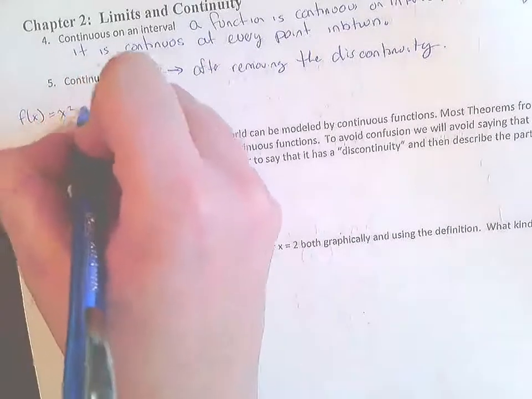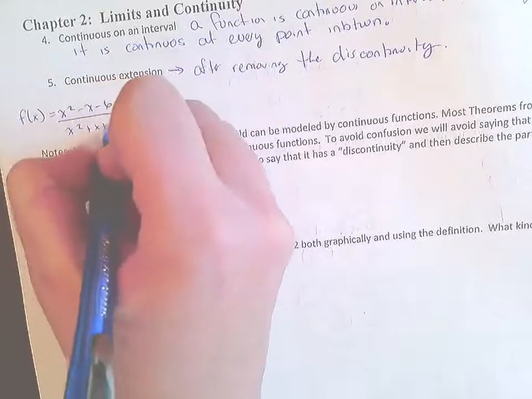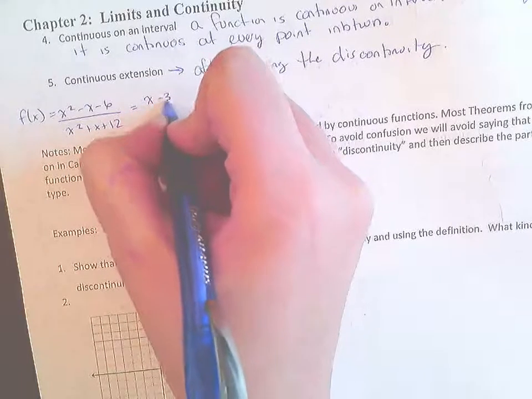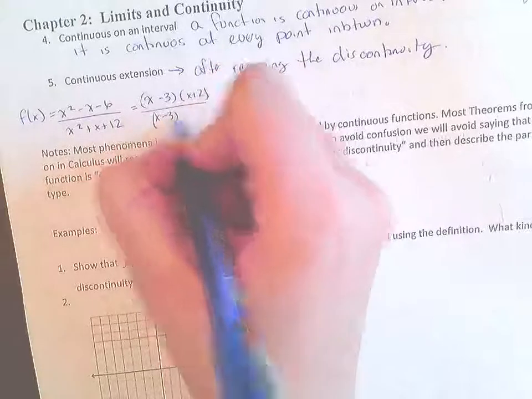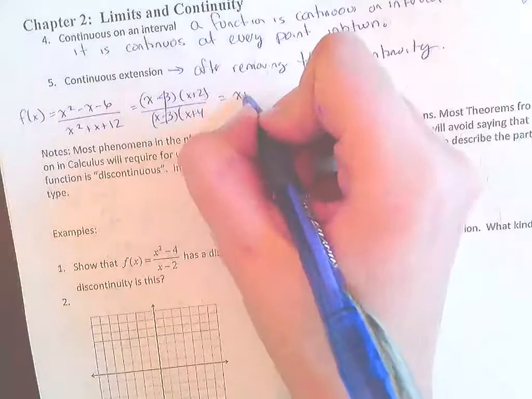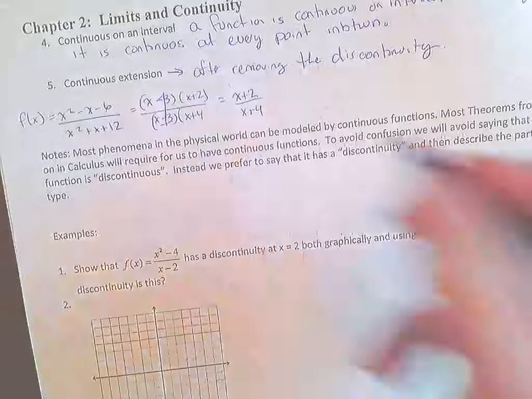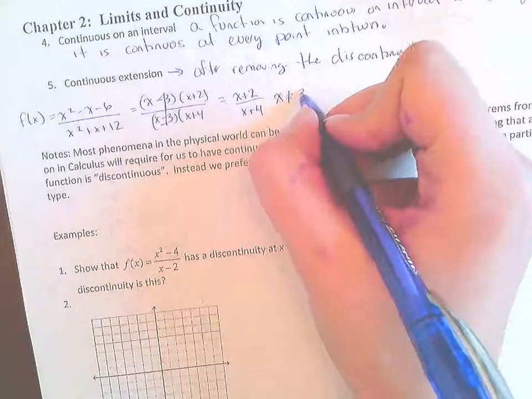So x squared minus x minus 6 over x squared plus x plus 12. Okay, remember you factor that, so you get x minus 3, x plus 2, x minus 3, x plus 4, and you're left with x plus 2, x plus 4. And of course, we had to remove x equals 3.